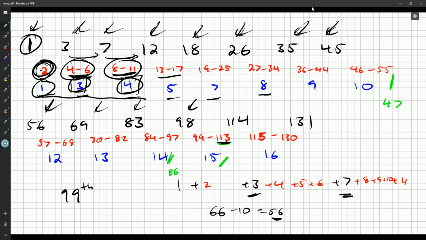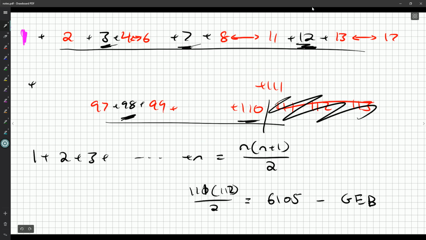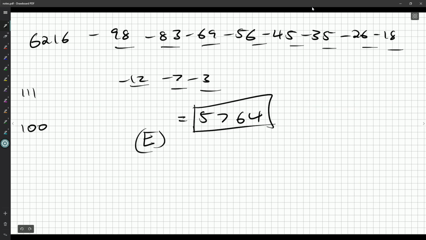Oops. There we go. 72 plus 14 is 86, plus 15 would be 101. We don't need the last 113. And we don't need 112, so we should add up to 111, which is what we did. And so it all seems to work out. So very confident now in my answer of E.